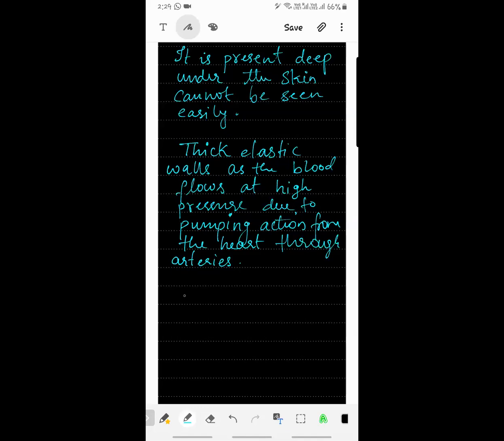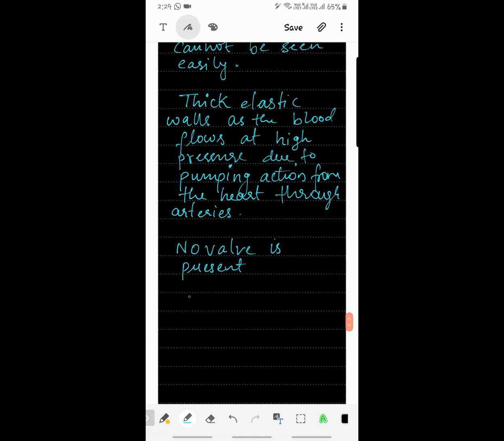Now, these arteries do not have valves. No valve is present in the artery. Only veins have valves. The main artery in our body is the aorta.